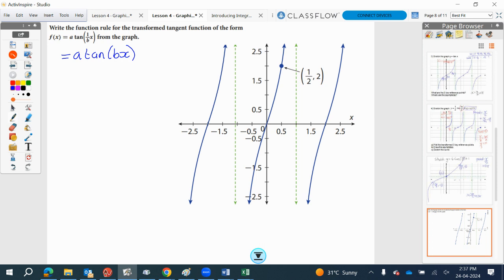So for this, B is equal to pi over the period, which is there 1 over B. Annoying. So B is equal to this. The period is 1.